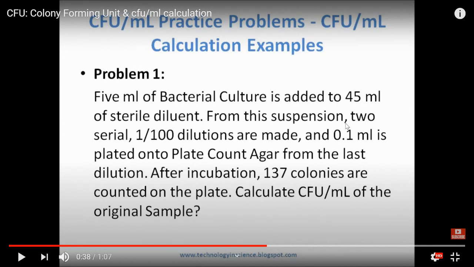So what's the dilution factor for 10 to the negative 6? 10 to the positive 6.